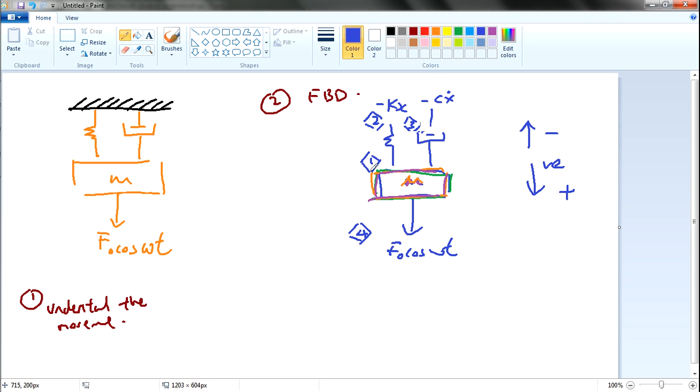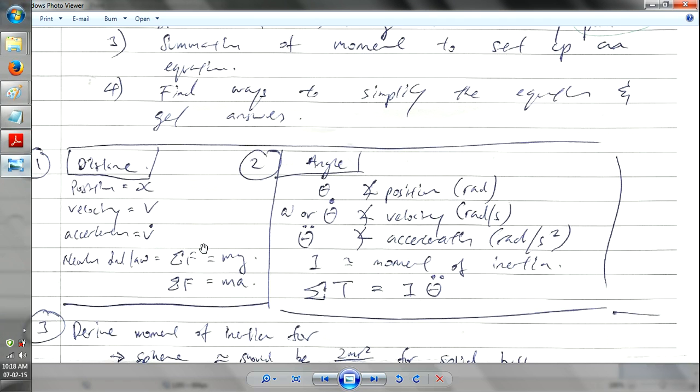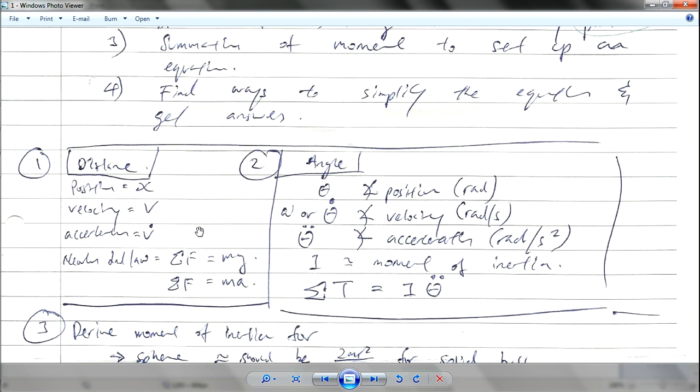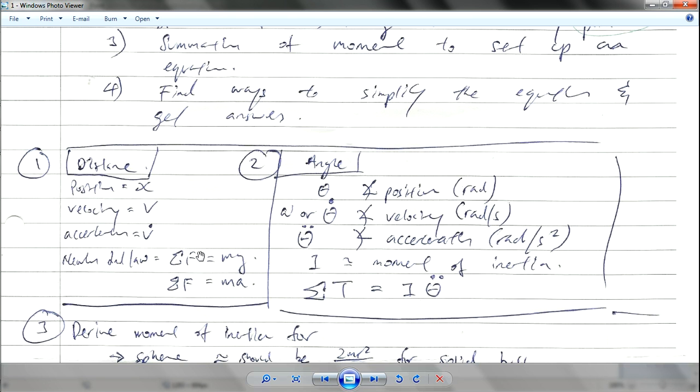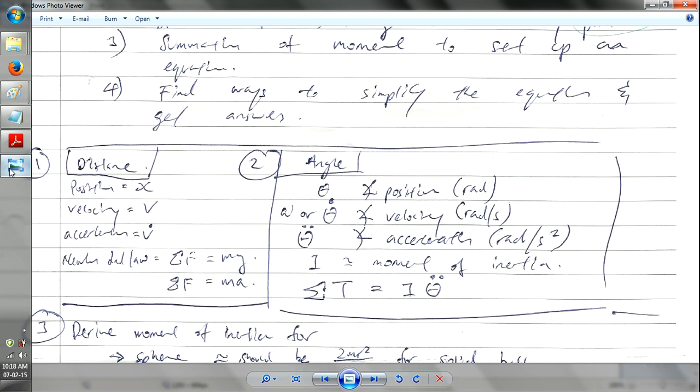There is no turning of the mass. In this course there are only distance and angle. We're talking about distance here, so angle is another thing. Therefore, as you know, it is F equals ma.